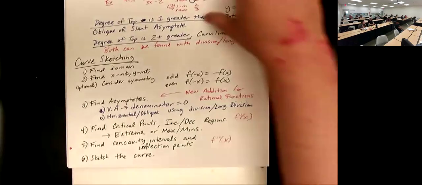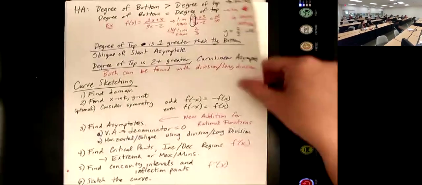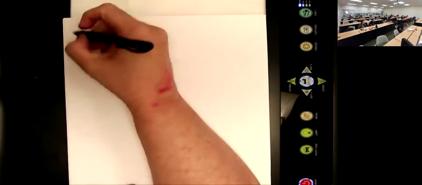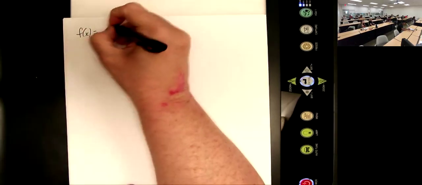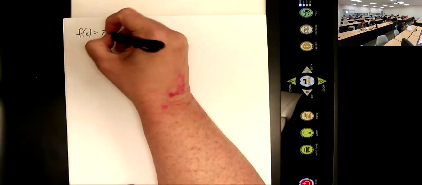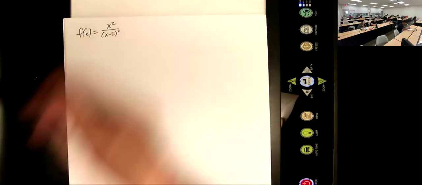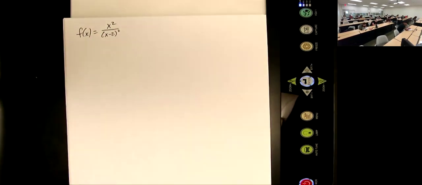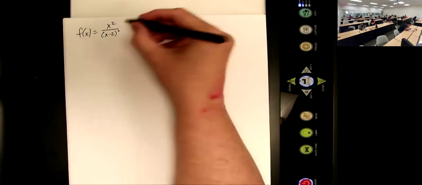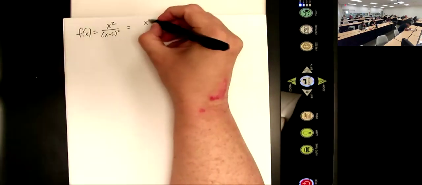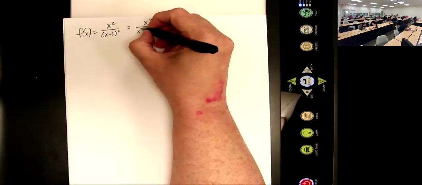Alright, let's do an example, everyone looks like they're done writing. Let's take a look at f of x equals x squared over x minus 2 squared. And I'm gonna expand that out on bottom, because I think it's gonna help us in a second.